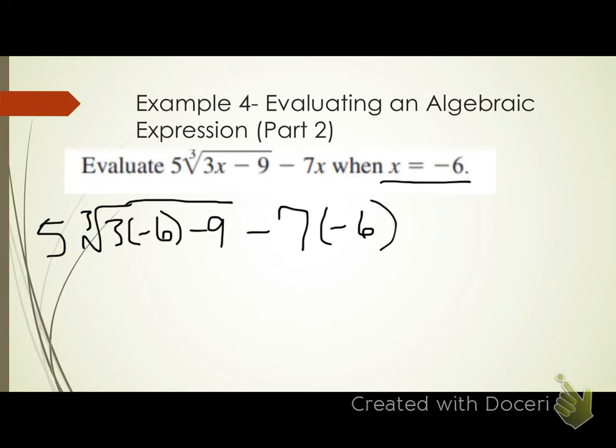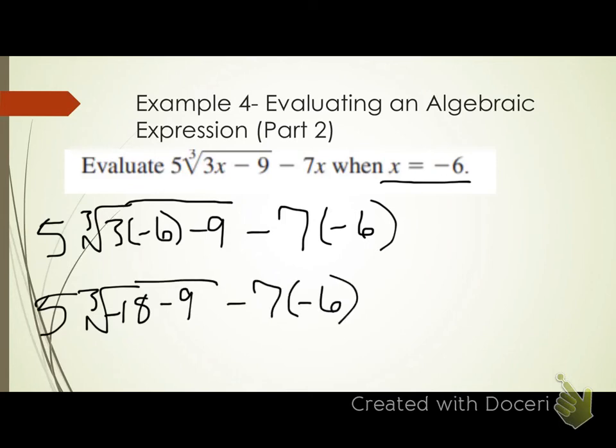So now, I just have to do my order of operations within the cube root. So I'm going to do 3 times -6 first, which gives me -18 minus 9 minus 7 times -6. And now I can do -18 minus 9 under the radical. -18 minus 9 gives me -27 minus 7 times -6.